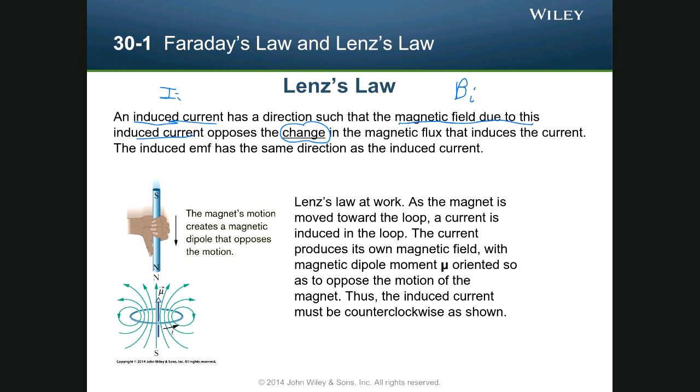The magnetic flux that induces the current is B primary. So as the primary field is changed, the induced field opposes the change of the primary field, and that will give you the direction of the induced current.